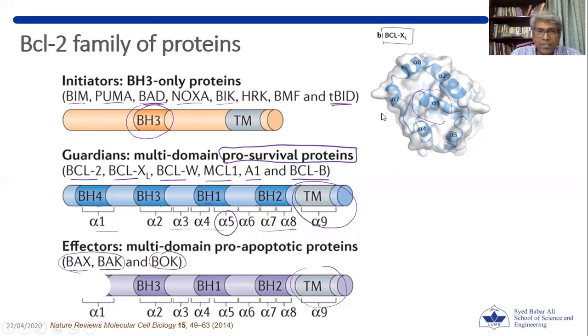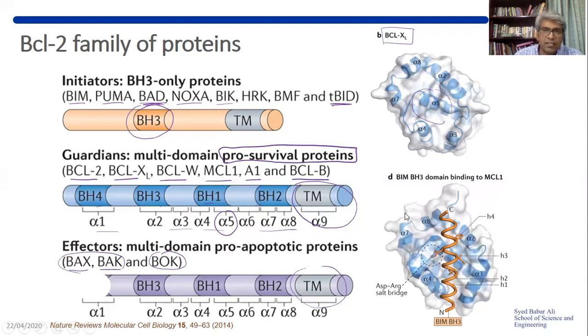So when the BH3-only proteins bind, for example, here you can see BIM. BIM's BH3 domain can bind on this surface groove. And this binding involves 4 hydrophobic residues shown here: hydrophobic 1, hydrophobic 2, hydrophobic 3, and hydrophobic 4. It also involves a salt bridge between the negatively charged aspartate and a positively charged arginine on the surface.